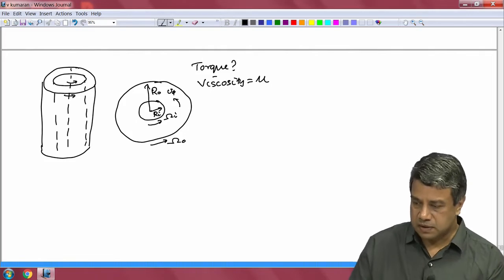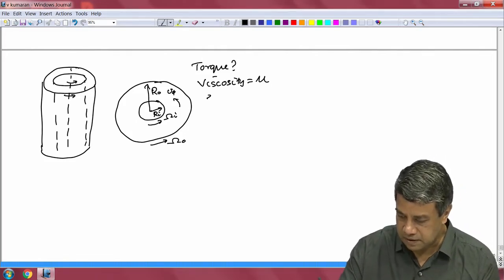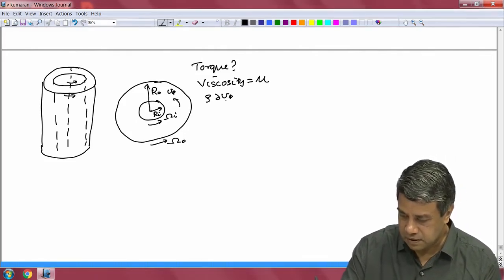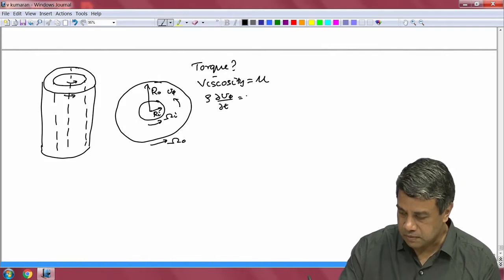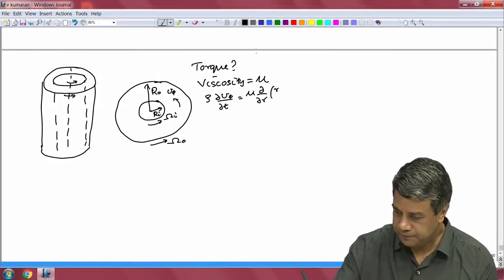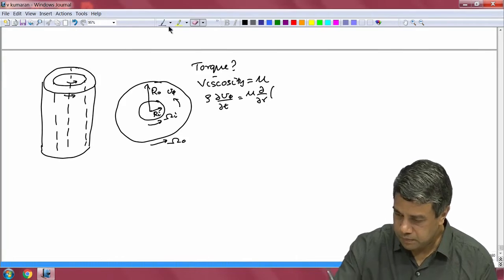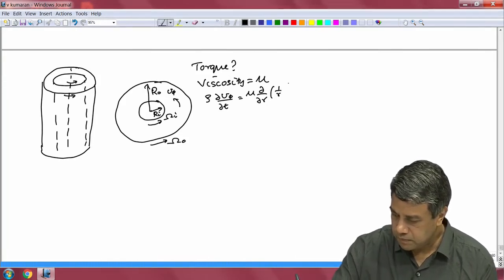Recall that I told you that the equation for the velocity field is rho times partial v phi by partial t is equal to mu d by dr of 1 by r d by dr of r v phi.